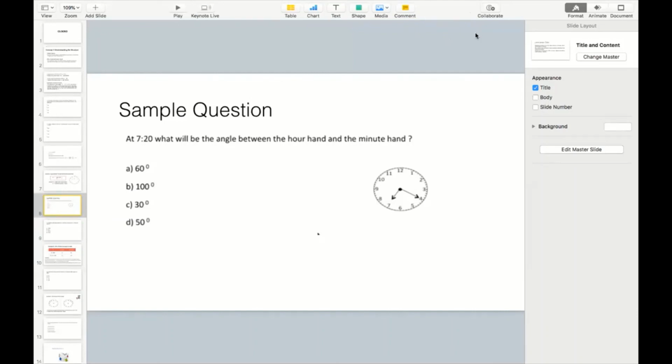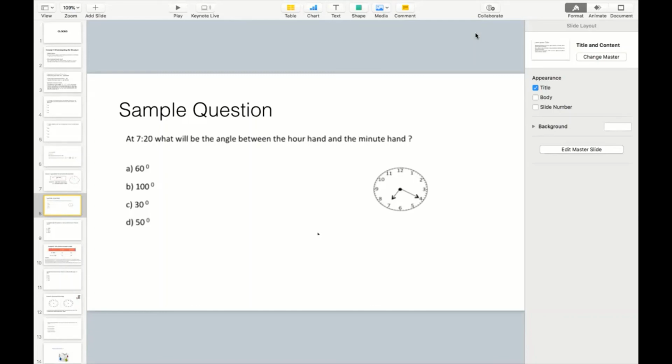When the time is 7:20, what is the angle covered by the minute hand? 120 degrees, right? Because in 1 minute it covers 6 degrees, so in these 20 minutes it would have covered 20 times 6, which is 120 degrees.